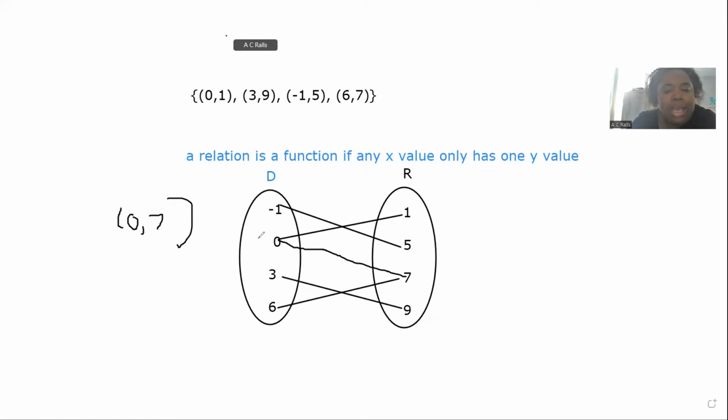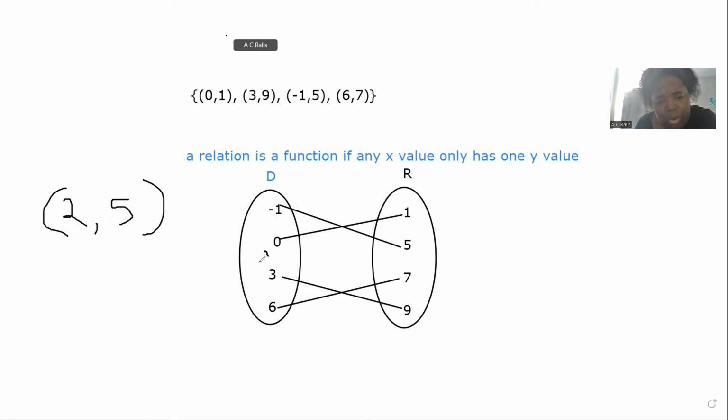Now, let's say we had another value like 2, comma 5 added to this. 2 would go in here, and then I would have to map that to 5. This would still be a function because each x value only has one y value.